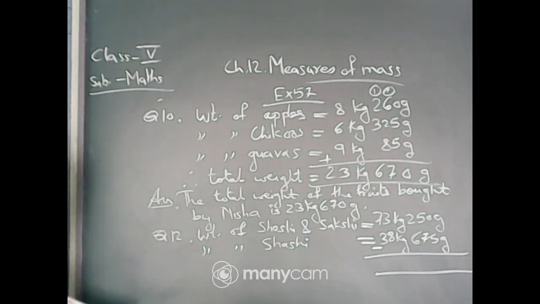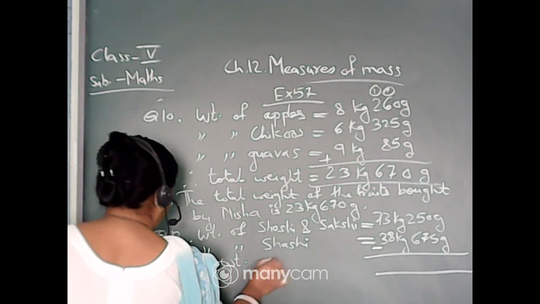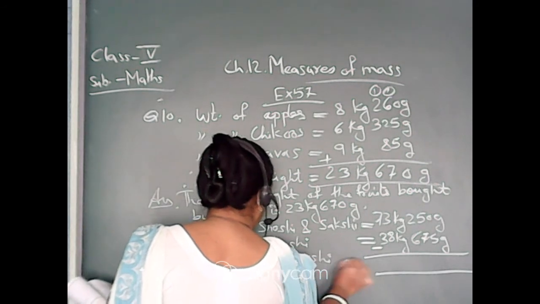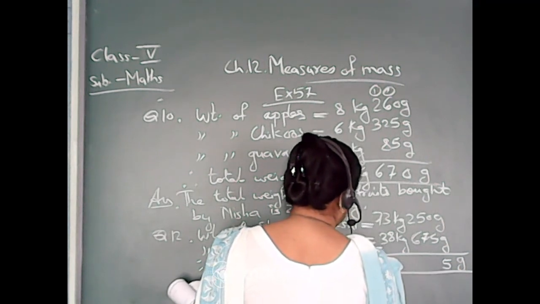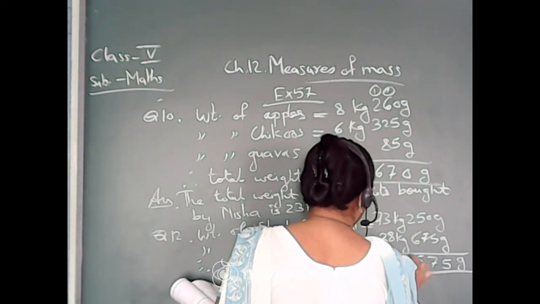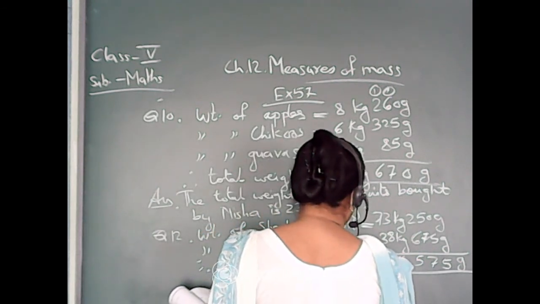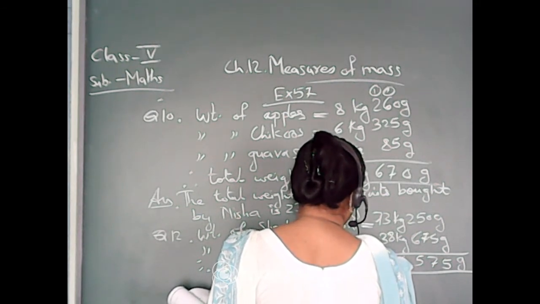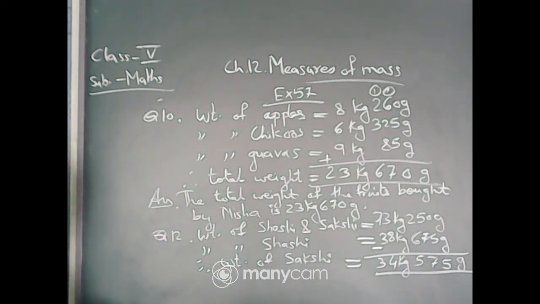Therefore, weight of Sakshi is equal to, so subtract it, 5, 7, 5, 4, 3, that is 34 kg and 575 gram.